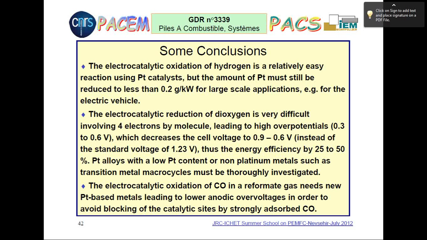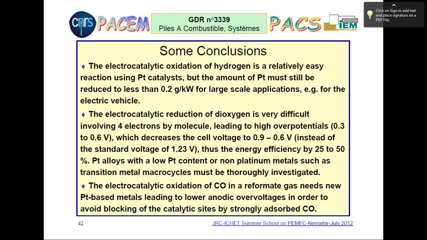You imagine, 0.4 volt overvoltage due to the oxygen reduction reaction, it's a loss of about 1/3, 33%. 0.4 over 1.2 is 33%. So 33% of energy, 33% of power is lost because of the oxygen reaction.